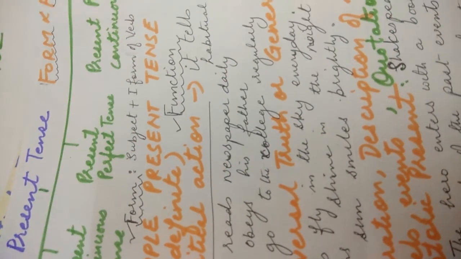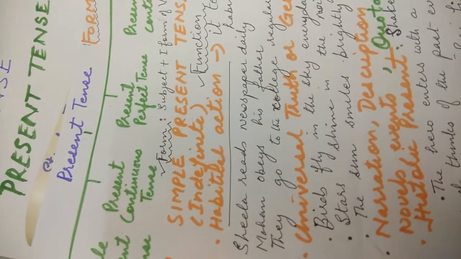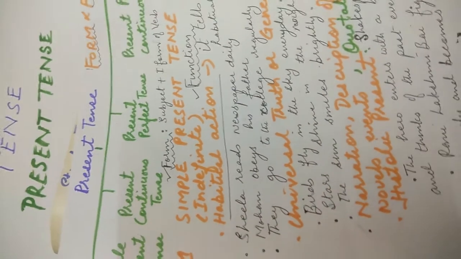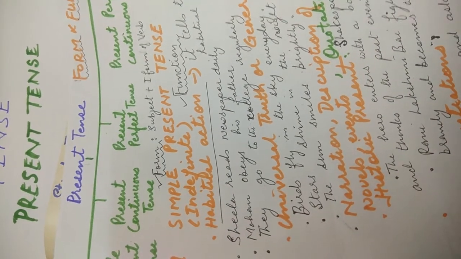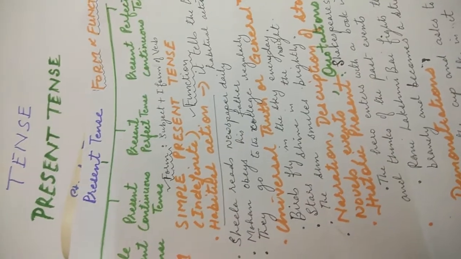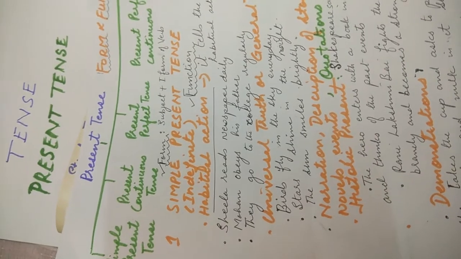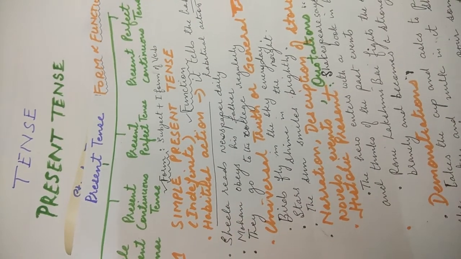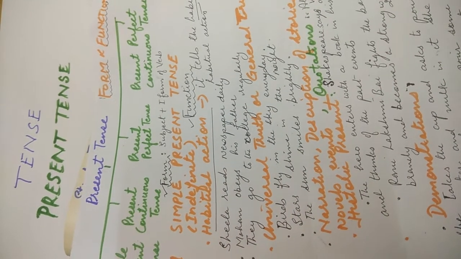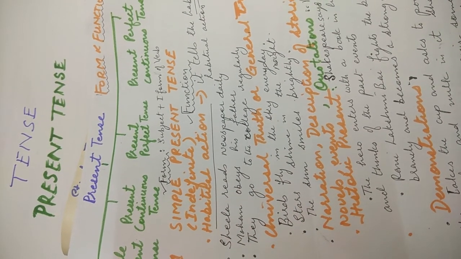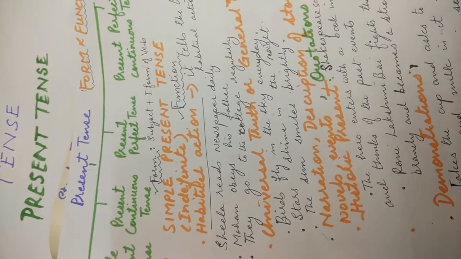So form, remember the structure and the function. So these are some, and we will also discuss simple present tense in much detail. So students, make practice of these sentences. Okay, and every day try to speak in English or write in English, so that will be easier for you. Okay, we will continue this point.